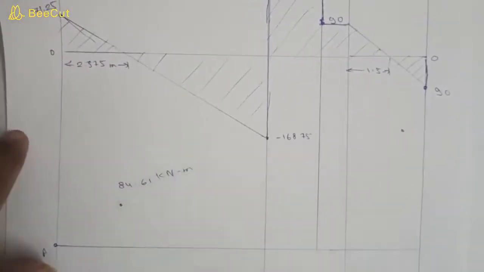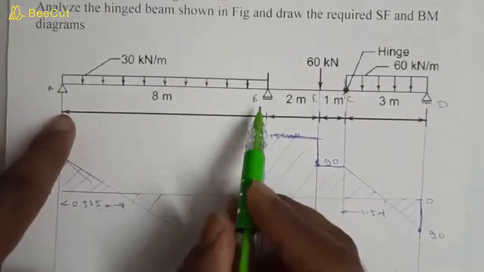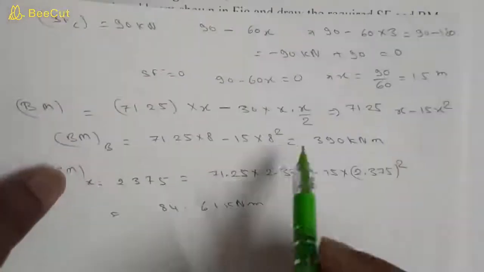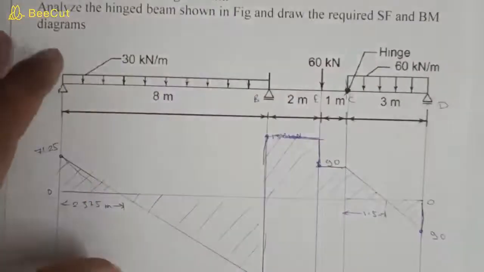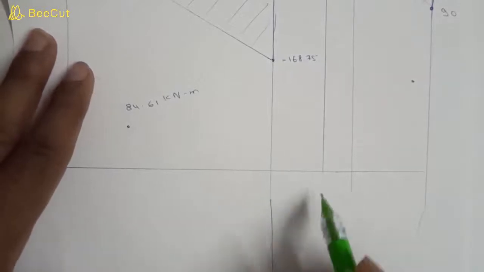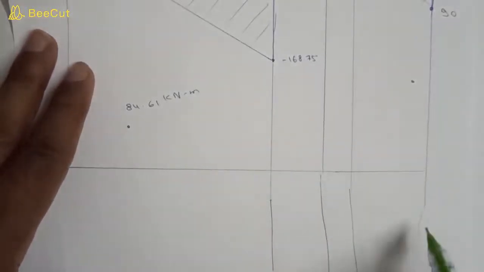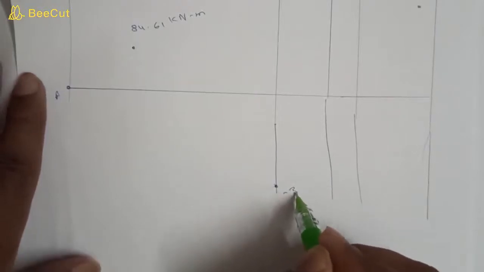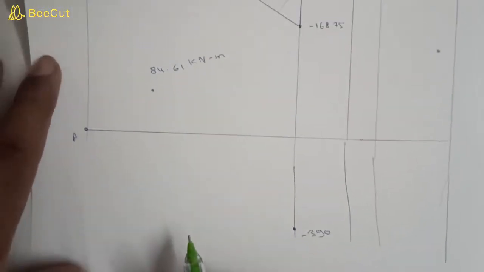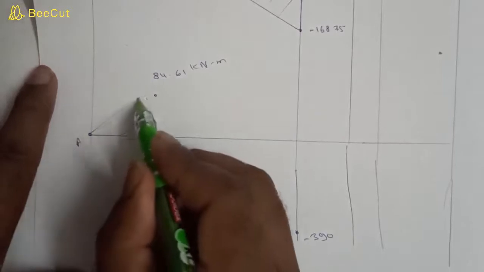Now we have calculated bending moment at point B, which is equal to minus 390 kilonewton meter. So it will become minus 390 kilonewton meter somewhere here. And now it is x square minus x square, so it will be a parabolic curve.